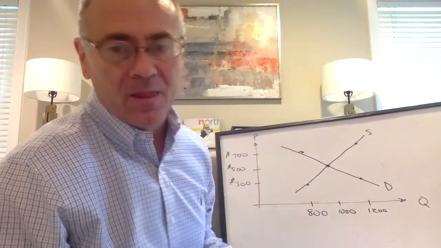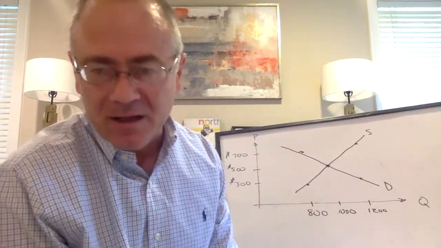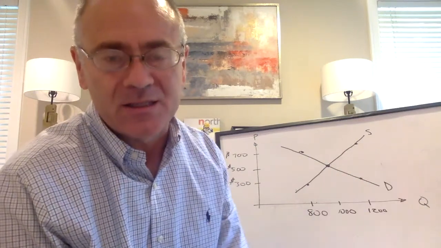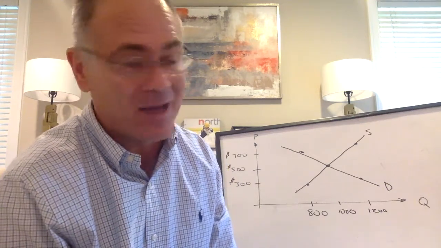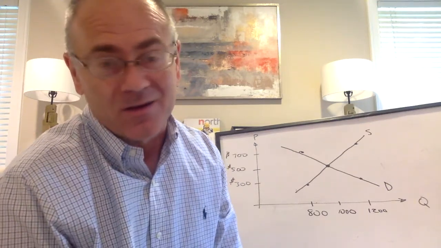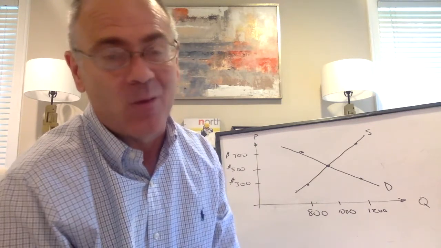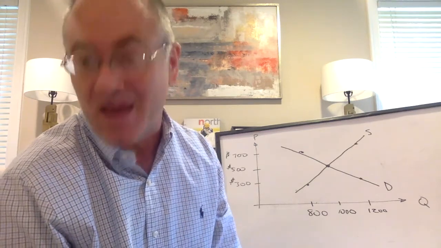Now, the book asks you, what if, for some reason, the market price were $700? If you like, think about the government made a mandate, said guitars must be sold at $700. That's the only allowable price for acoustic guitars. What would happen?